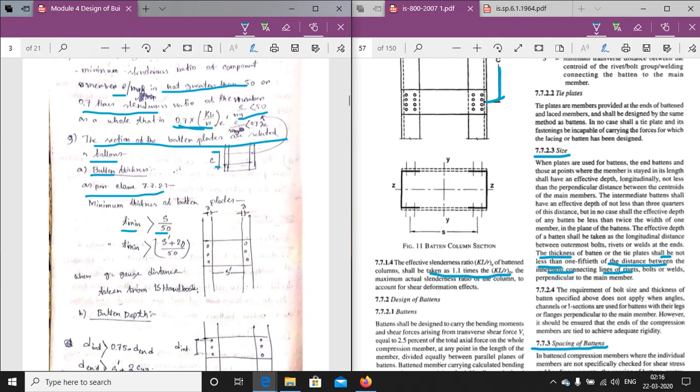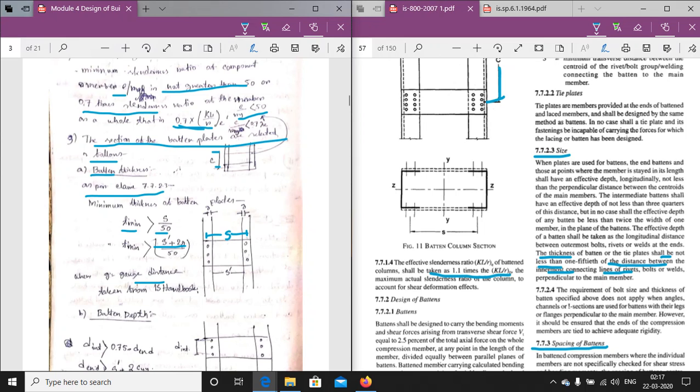So what is the innermost connecting line of rivet? That is the S. What is the meaning of S? S means S dash plus 2G. This is from here to here, the distance between the innermost bolts.